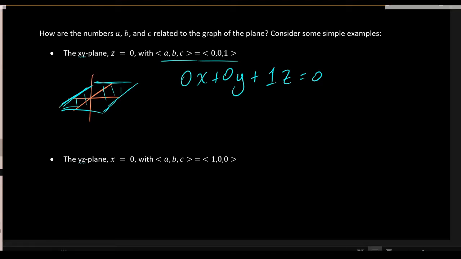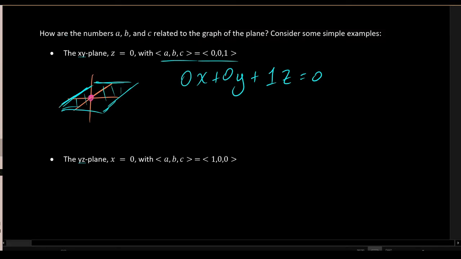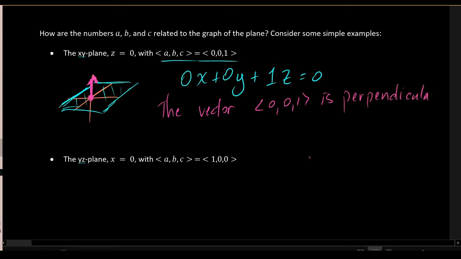Now on this picture, let me go ahead and graph the vector 0, 0, 1. Notice something that's interesting about this vector. Because the plane is lying horizontally flat, and the vector 0, 0, 1 is pointing straight up, the vector 0, 0, 1 is perpendicular to the plane in all directions.